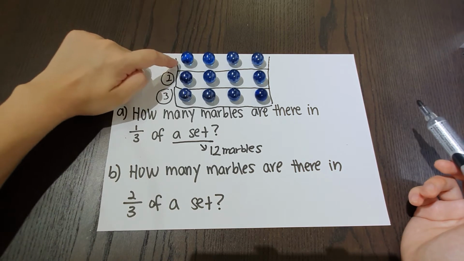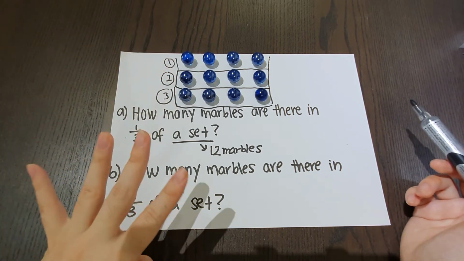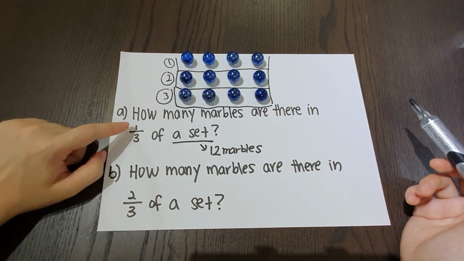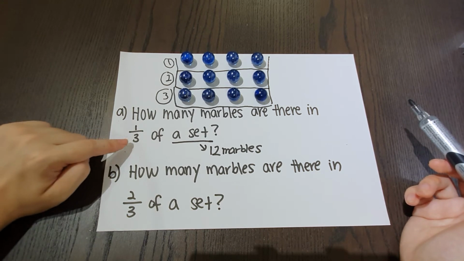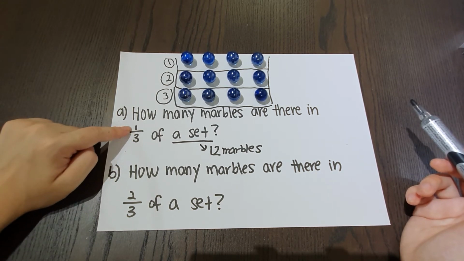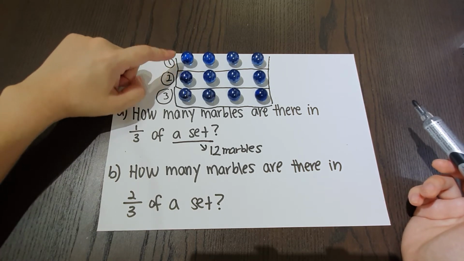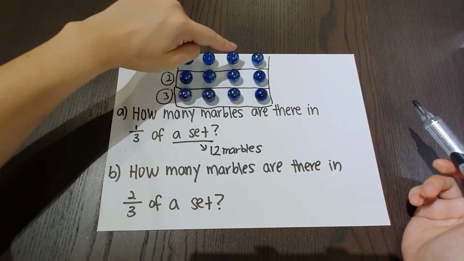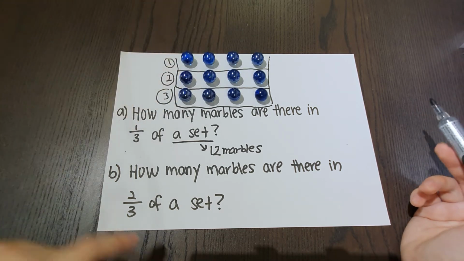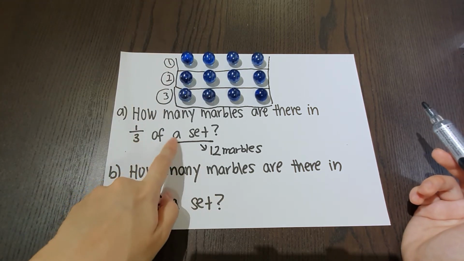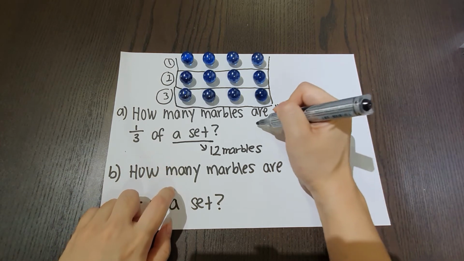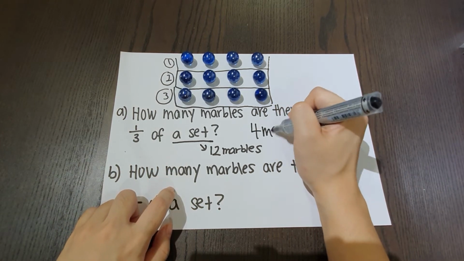That's why in every group, I will have 4 marbles. So 1 out of 3 means I have 3 groups, and I only want 1. In one group, how many marbles do you have? You have 1, 2, 3, 4, which means 1/3 of a set will give you 4 marbles.